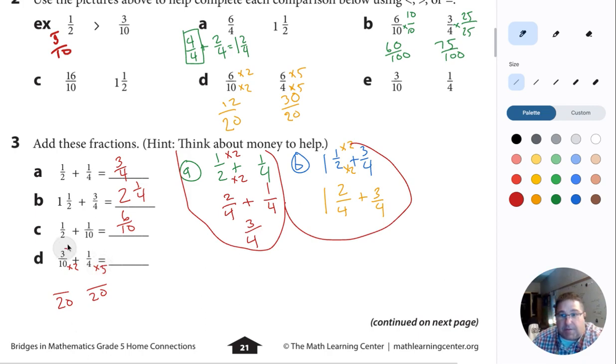Whatever we do to the bottom, do to the top. So think about what's going to happen to our numerators. Times 2 and times 5. Now our final answer is going to be 11/20. So go ahead and show me how we got that, okay?